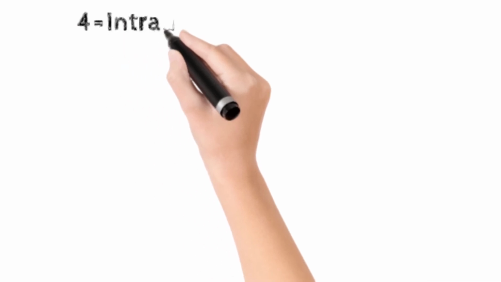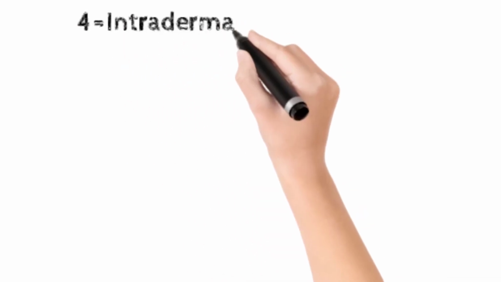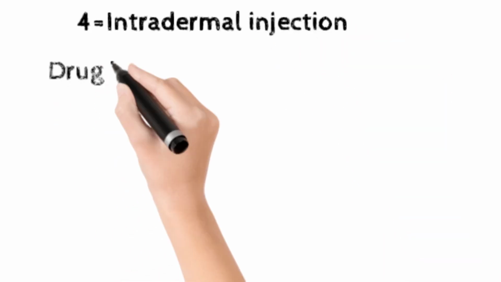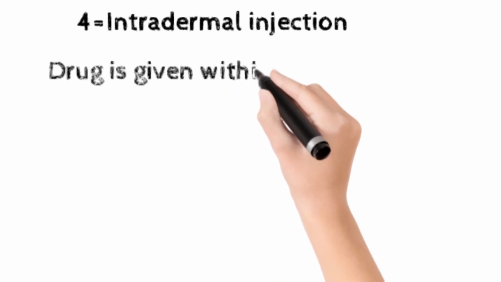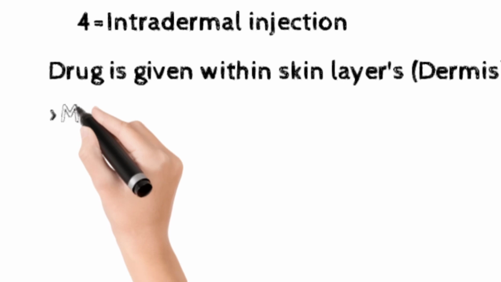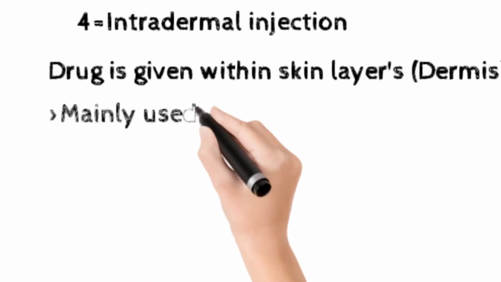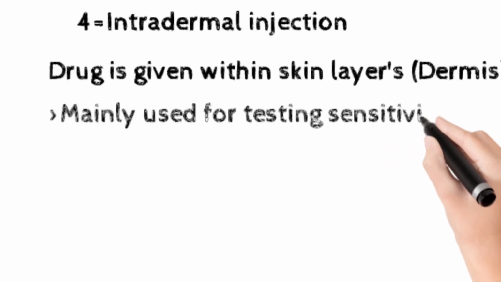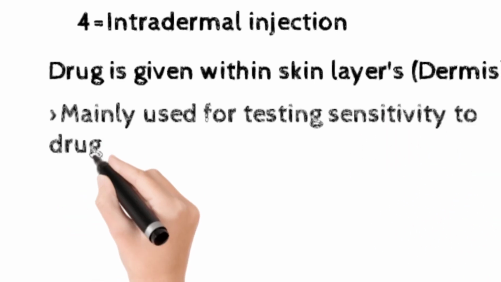Now after subcutaneous, come to the intradermal injection. In intradermal injection, the drug is given within the skin layer, meaning into the dermis. Mainly this route is used for testing sensitivity to drugs.